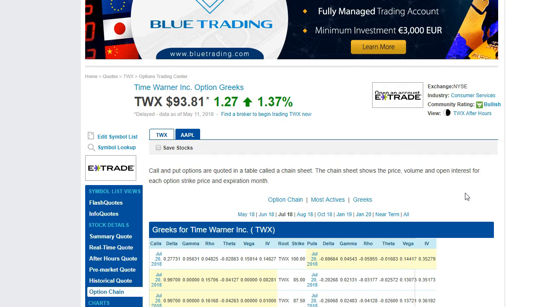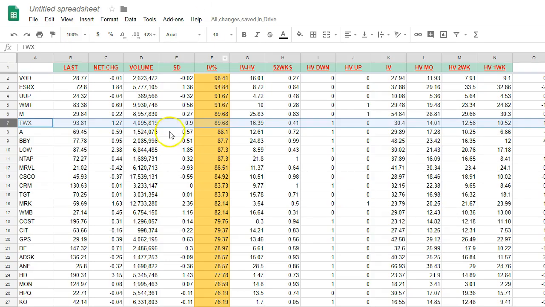Anyways, let's go back. TWX. So basically, you find the delta 10 if you can't get the probabilities from your broker. Delta 10 is pretty close to 10% probability of in the money on the call side and the put side.